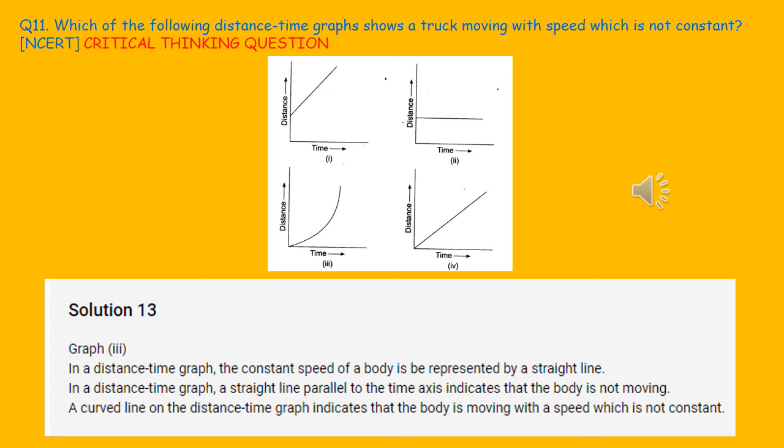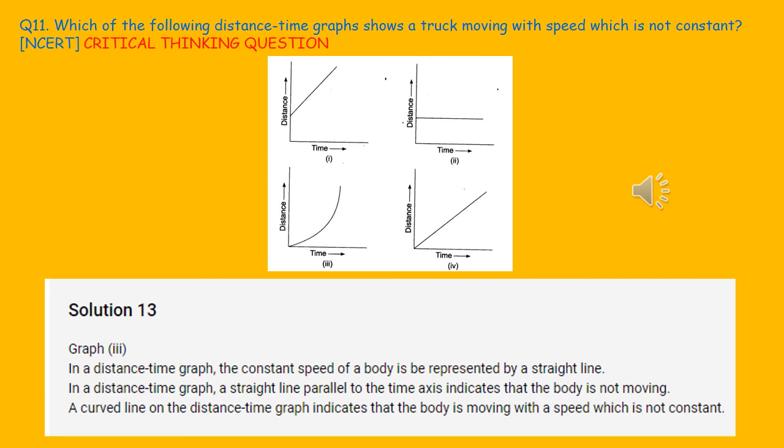In the second figure, we can see that the straight line is parallel to the time axis. So the time elapses, but the distance of the object is not changing. That means the body is not moving, it is at rest.